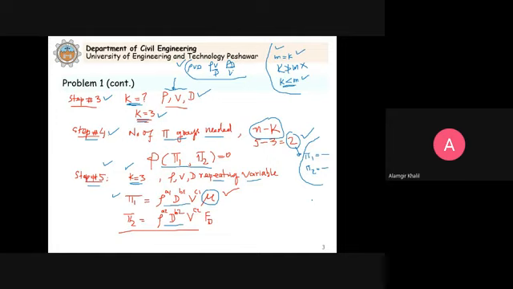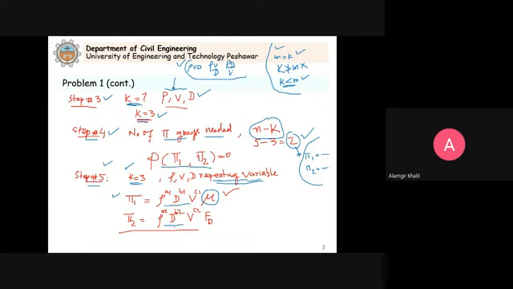One of the procedures is by repeating variables. So we have limited time. That's why I will mainly focus on this method of repeating variables. This is one way of forming these pi groups. There are other ways available also, but we have limited time, so we just stick to our textbook and follow this method of repeating variables.